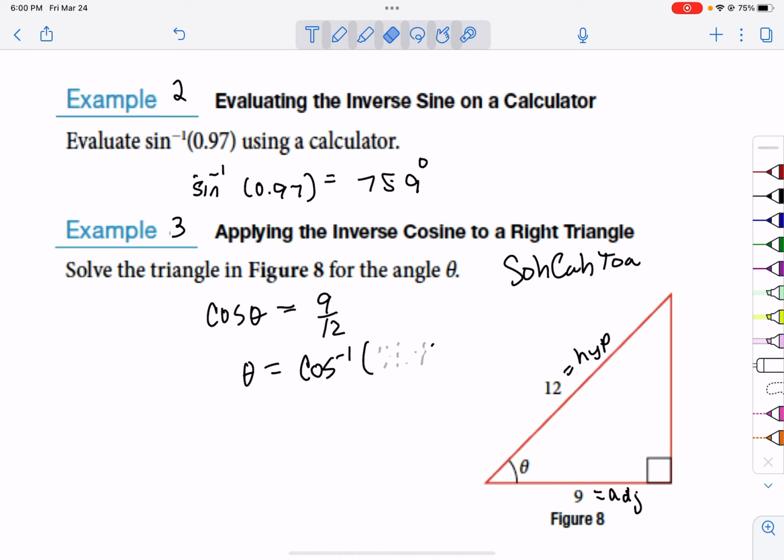Wait, let's write that differently. The inverse cosine of 9/12 is 41.4 degrees. Now, when a triangle says to solve the triangle, then I want you to make sure all missing sides and angles are accounted for. To find this angle, we just have to subtract from 90.